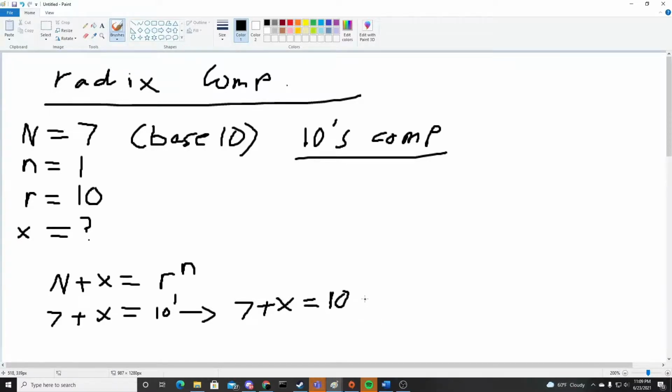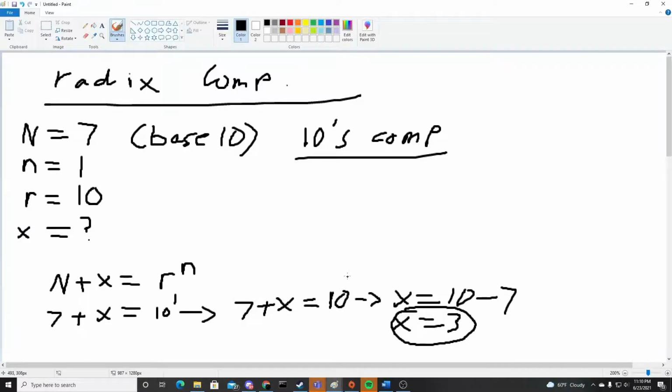Then we can say x equals 10 minus 7, if we subtract 7 from both sides. And finally we come to x equals 3.